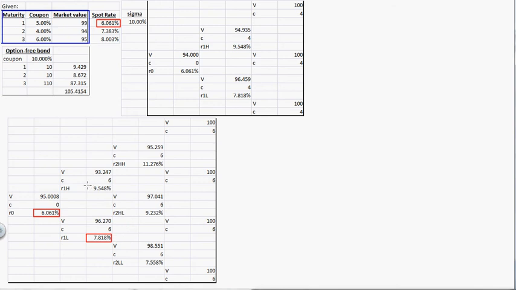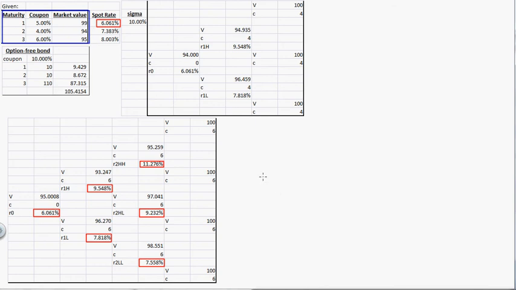Knowing that interest rate, it will then tell us this interest rate. The next thing we need to do is find this rate. Knowing that rate tells us this one and this one. And so now those rates in red are going to be our interest rate tree, and I can price virtually any bond using that interest rate tree.